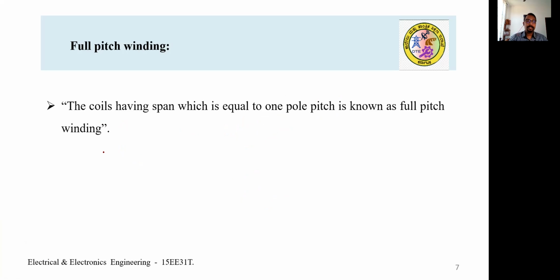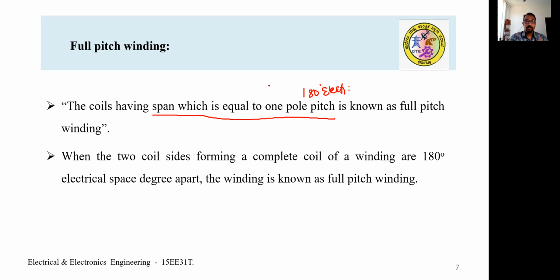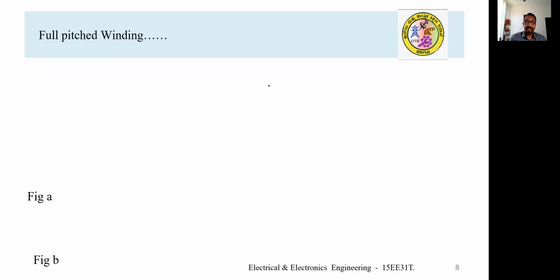See the definition of full pitched winding: if the coils have a span equal to one pole pitch, meaning 180 electrical degrees, then the winding is called a full pitched winding. So when the two coil sides form a complete coil of winding over 180 electrical degrees of space, the winding is called a full pitched winding.